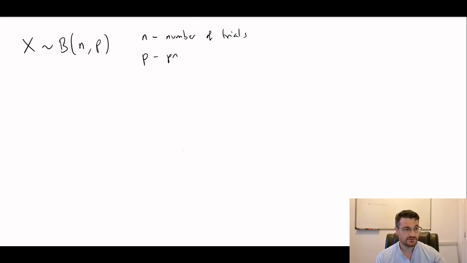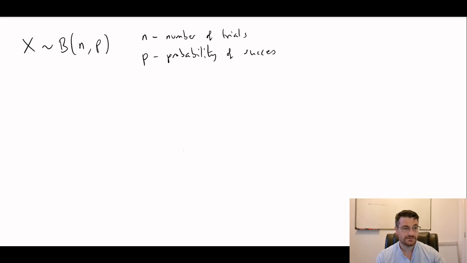Nevertheless, just a very quick recap: if we have X, a discrete random variable, which is distributed binomially with parameters n and p, then we write it in this way. n is often referred to as the number of trials, and p is often referred to as the probability of success.